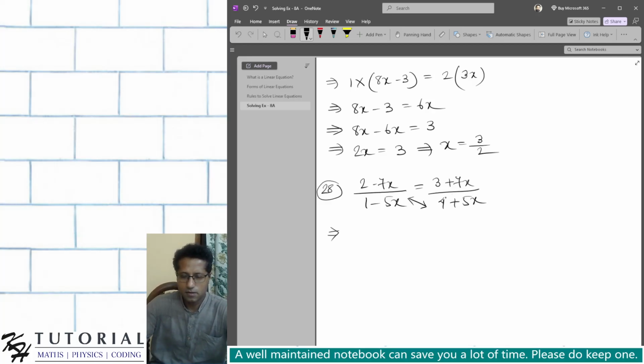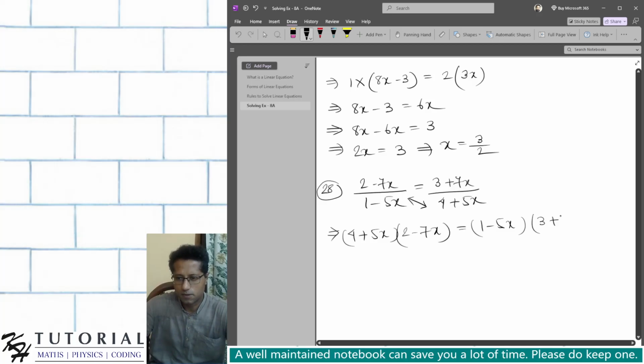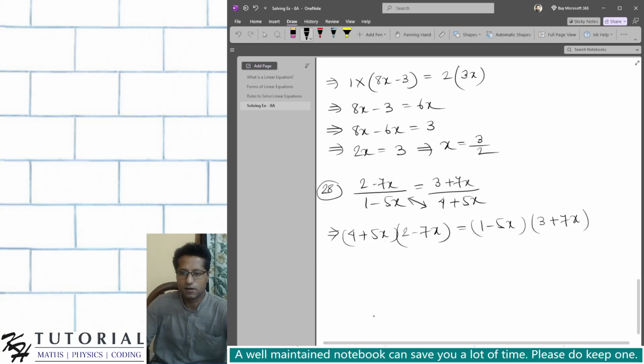If you equate the cross products, we will get 4 plus 5x multiplied by 2 minus 7x will be equal to 1 minus 5x multiplied by 3 plus 7x. So this is the only method we apply, that is cross multiplication, to solve this kind of equation.